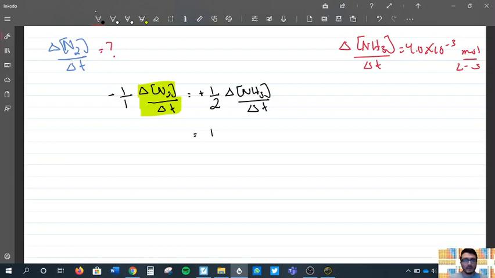Okay, let's plug things in. So 1 over 2, 4.0 times 10 to the negative 3 moles per liter per second. This is really just negative, right? So negative, right? This negative sign goes over here.